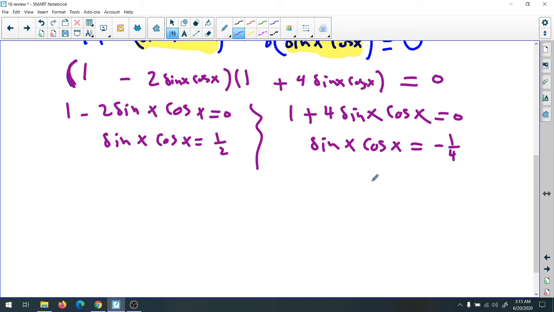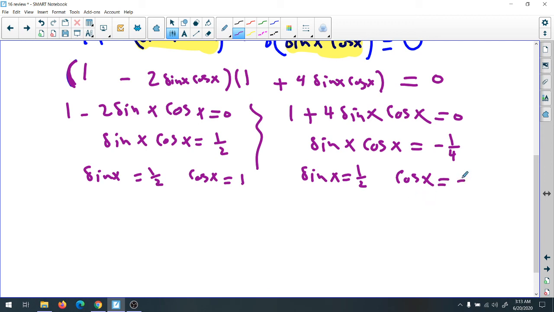And here it's possible to have cosine x equals -1/2 and sine x equals a half, or we switch. So you have many possible solutions. You could say sine x could be 1 and cosine x equals a half, or switch. And here sine x could be a half and cosine x equals -1/2, because a half times -1/2 is -1/4.